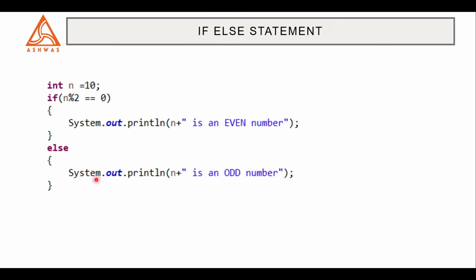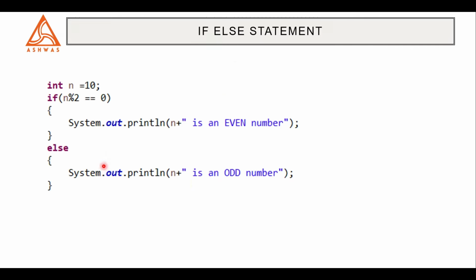I can have multiple statements here. If there is just one statement, I did not enclose it in the curly braces, but it is a good practice to do so, so that if later on you have to update your code to include more than one statement, then your code will not misbehave. Okay, so this is how my if-else statement would look syntactically.